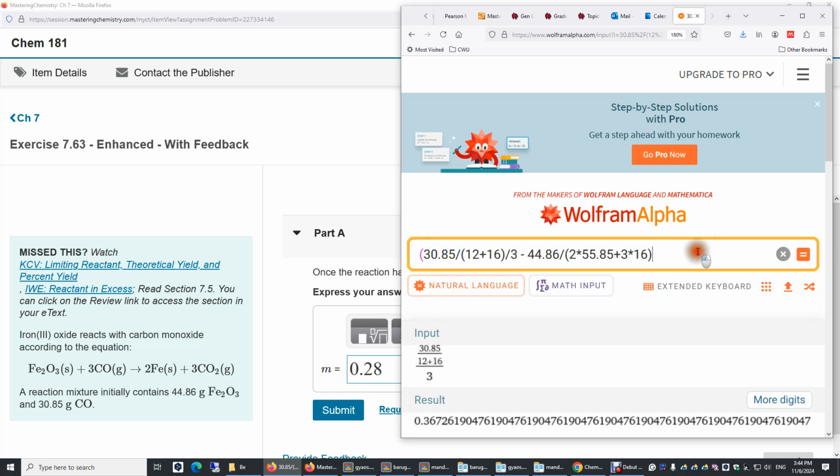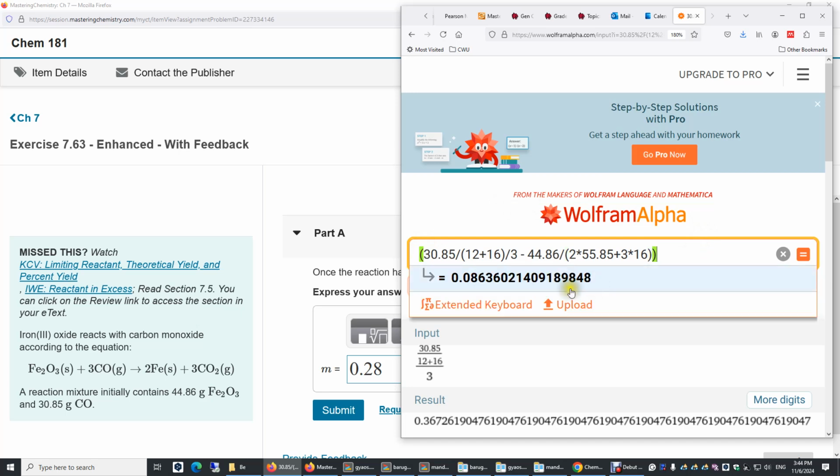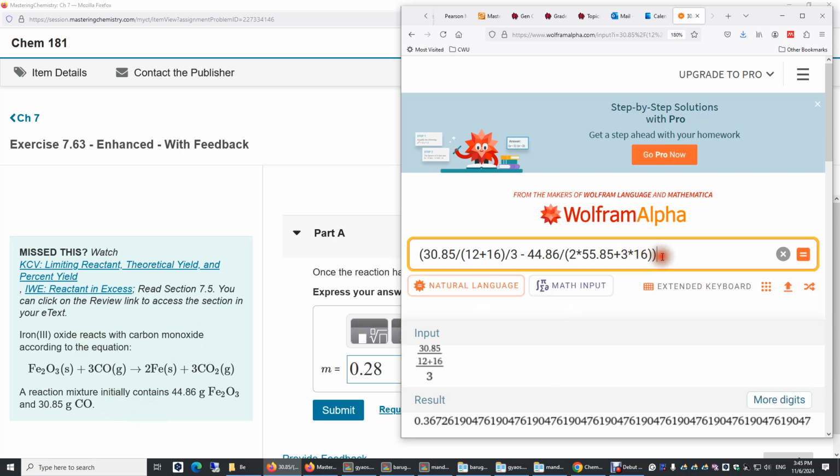This number is the number of moles of 3CO. So I'm pretending this is carbon 3, oxygen 3. Well, it does not exist, but just for the convenience of calculation, I am looking at this as a C3O3 molecule.